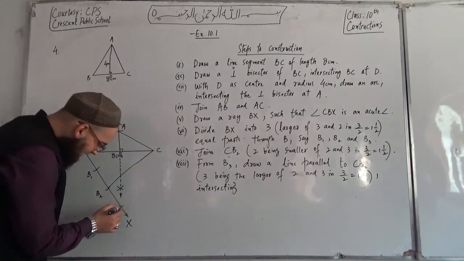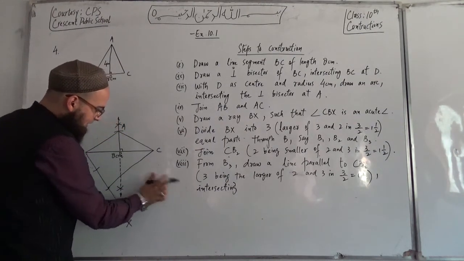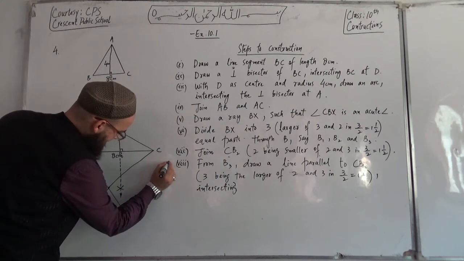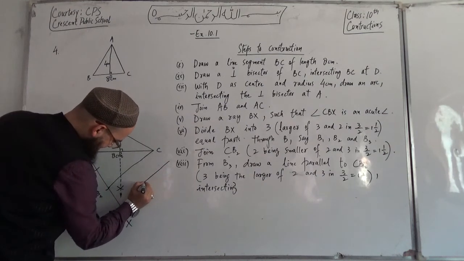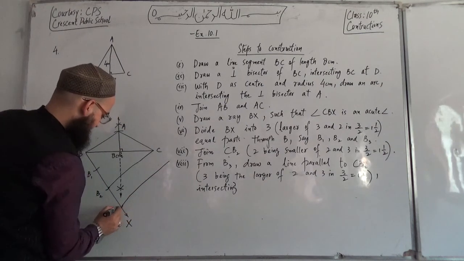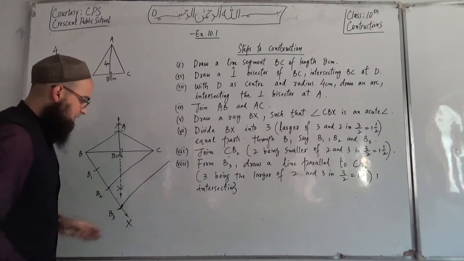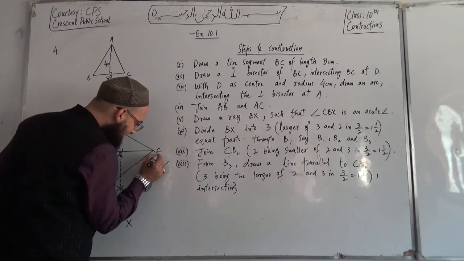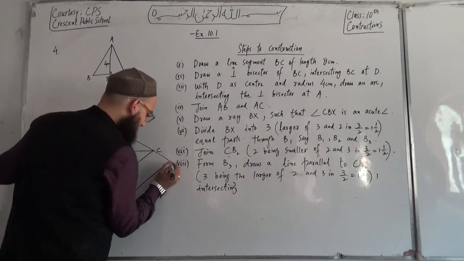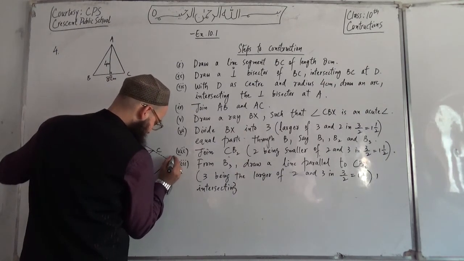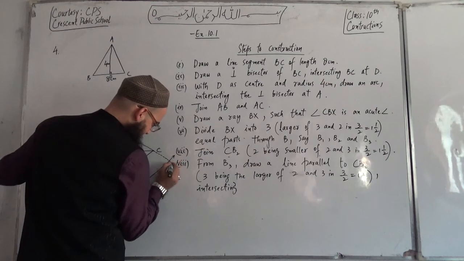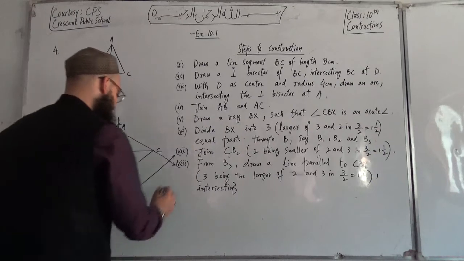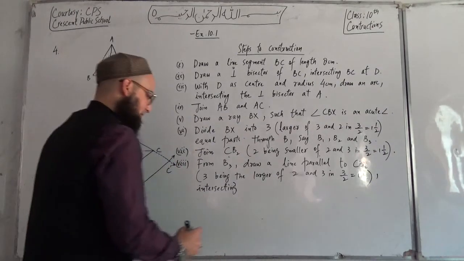Now when I draw a line parallel from B3, it will not intersect AC anywhere, but it intersects the extension of AC. So it will work like this, intersecting the extension of AC at, let us say, C dash.